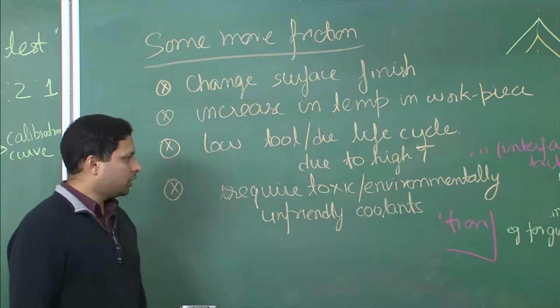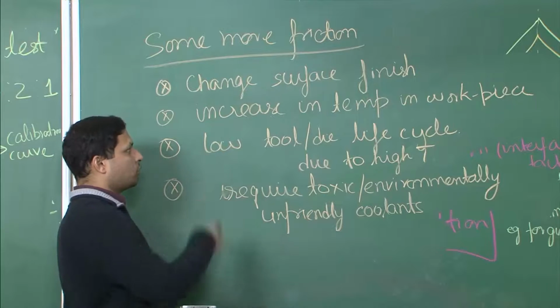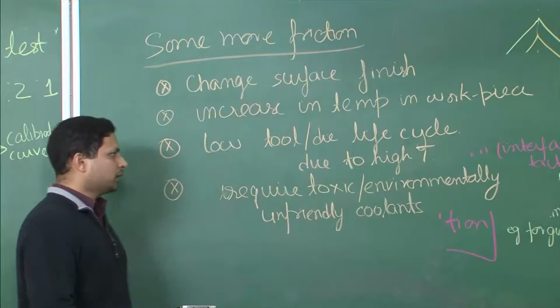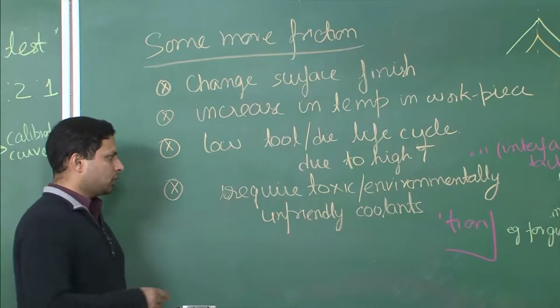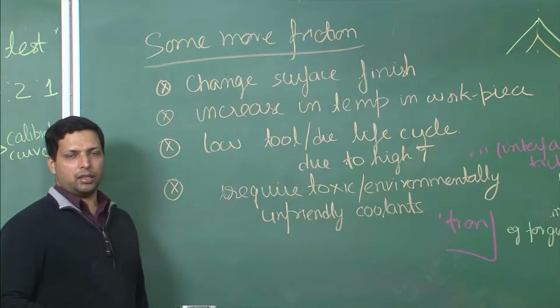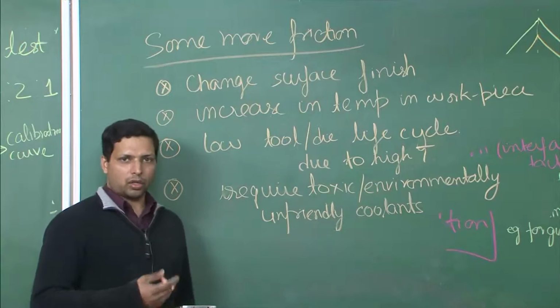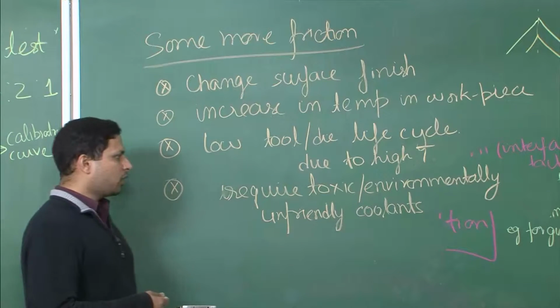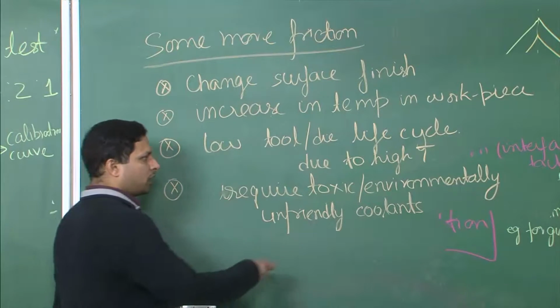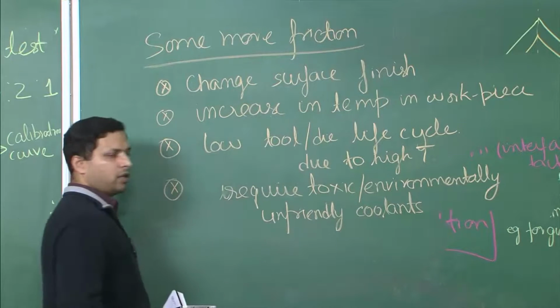You want to reduce the friction because of so many deleterious effects, and for that you will need something like coolants, and these coolants can be very toxic. It can lead to poor health of the environment. So, they are not always desirable.